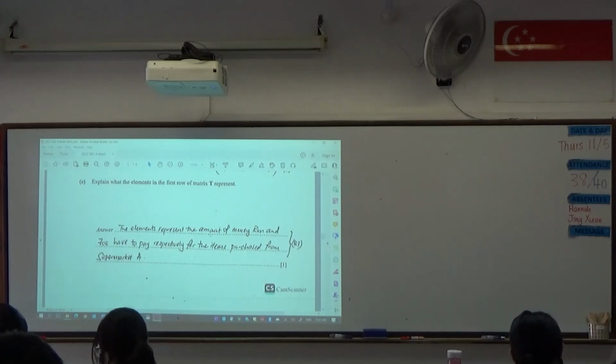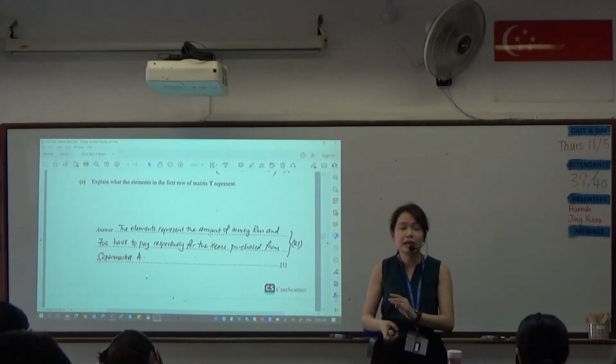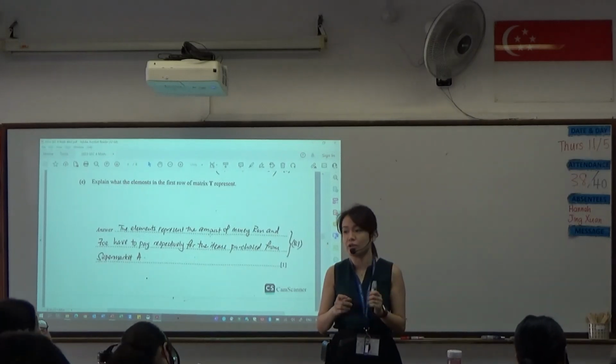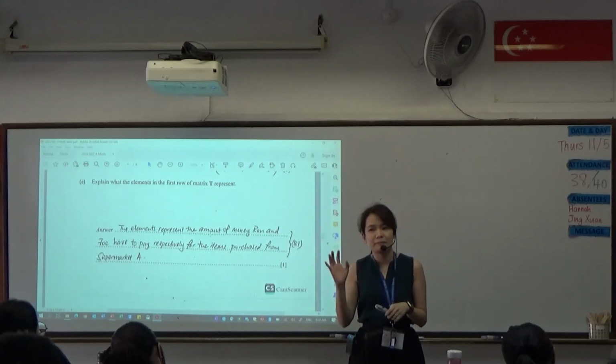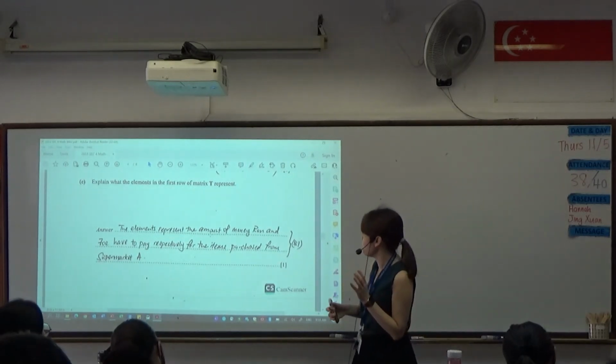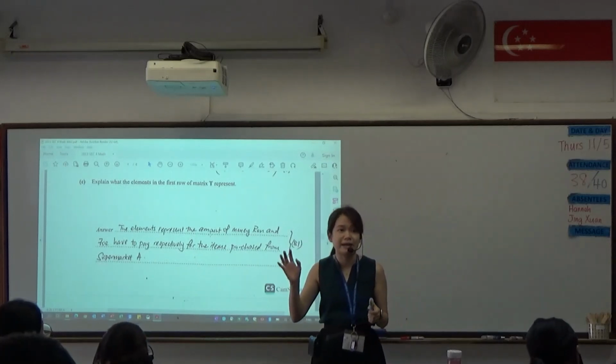Okay, explain what the elements in the first row of matrix T represent. Okay, I understand that most of you have in your mind that you must say Ron and Zoe, and then you must say supermarket A, and then you must say what else? All the things that are being bought, alright, and then you must also use the word respectively.